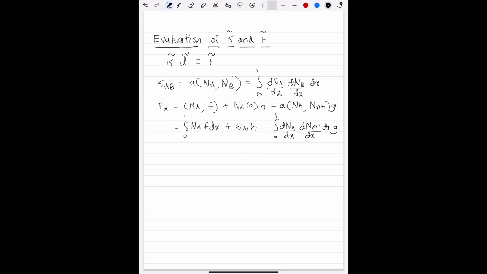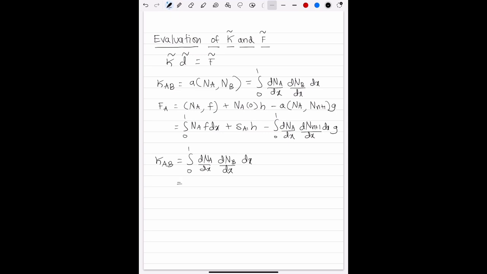So now let's see how we can evaluate the stiffness matrix. K_AB is given by the integral over the entire domain 0 to 1 of dN_A/dx multiplied by dN_B/dx. Now in the finite element method, instead of evaluating the stiffness matrix over the entire domain, we instead evaluate it over each particular element and then sum up the contributions of all of the elements to the stiffness matrix.